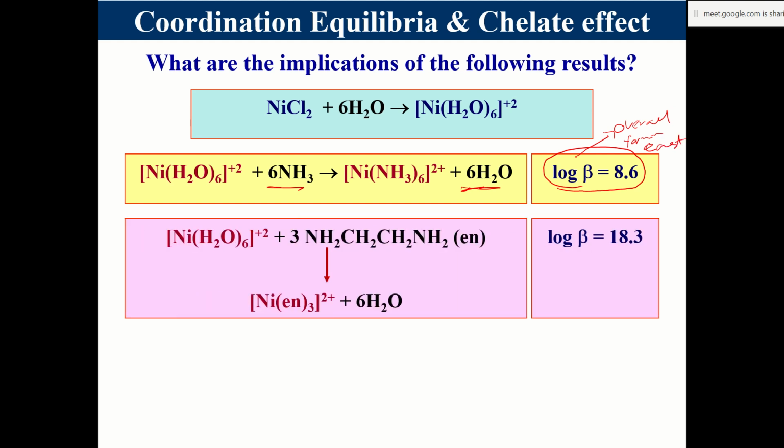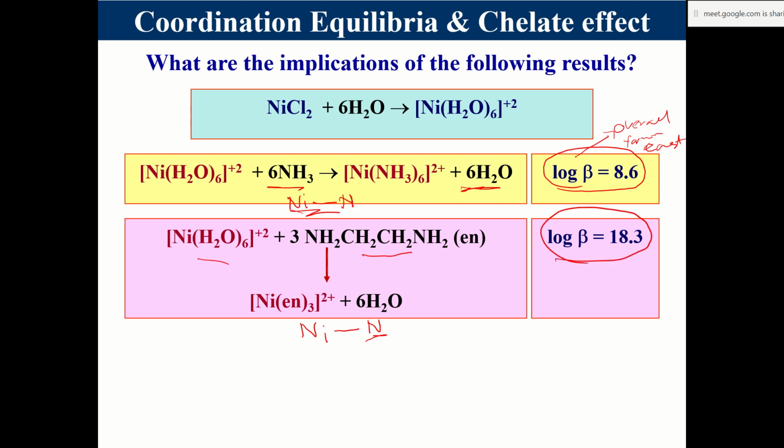Now look at the overall formation constant for the nickel hexaaqua ion when we add ethylene diamine. The nature of the bond is nickel with nitrogen, and here also the bonds formed are the same. Individually, it is still the nickel and nitrogen bond. But look at the values.